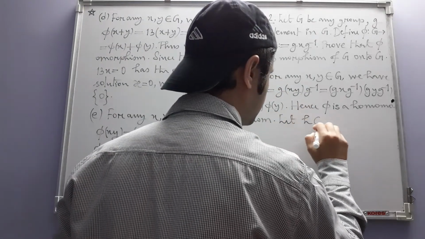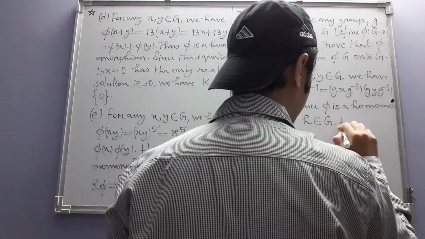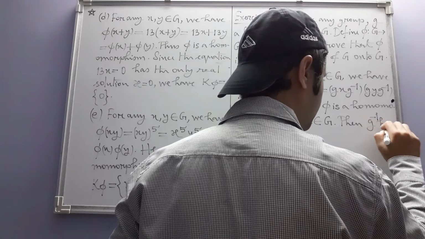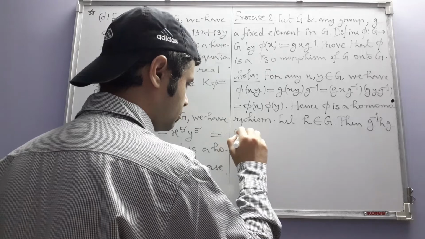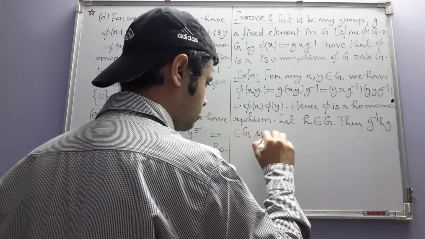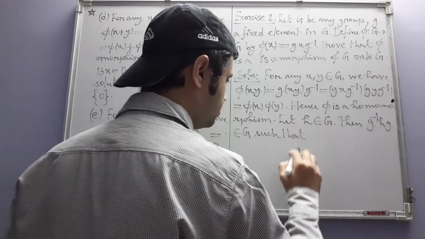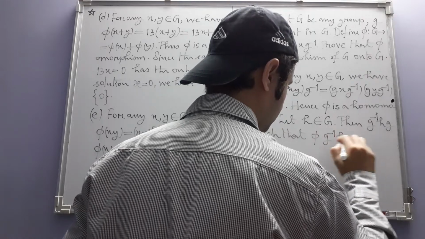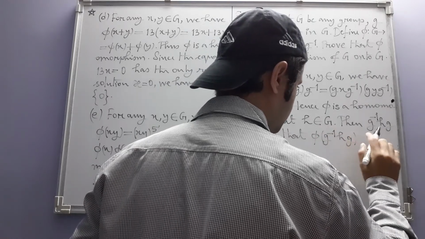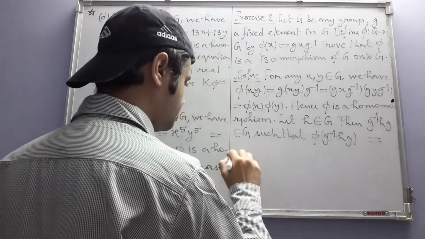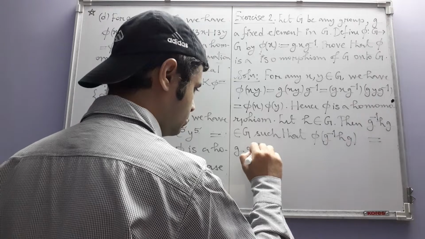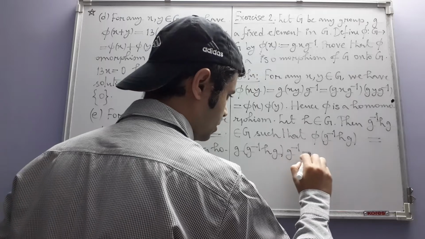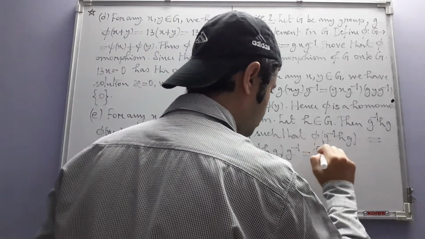So let h be any element in G. Then the element g inverse h g belongs to G such that its phi image becomes equal to g, g inverse h g, g inverse, which if you see becomes equal to h.